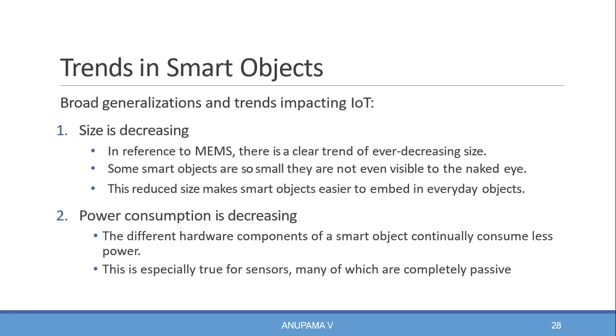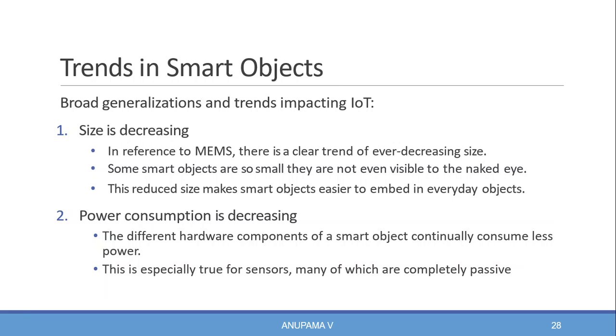The first trend in smart objects is that size is decreasing. We have studied MEMS. From the MEMS study, it is clear that the size of MEMS is decreasing. That is, the size of smart objects is decreasing. Some of the smart objects are so small that they are not visible to the naked eye.